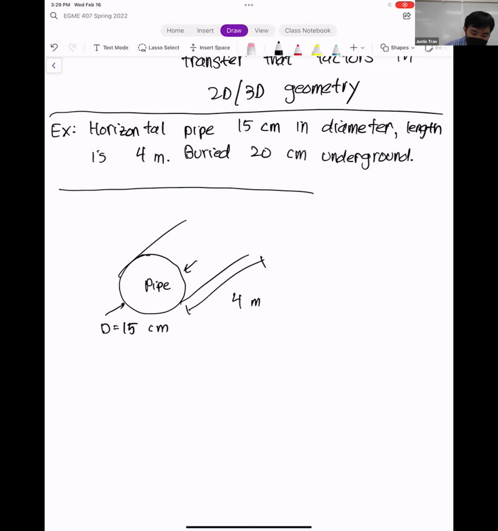The depth, from the surface of the earth down to the center of the pipe, is 20 centimeters. The other piece of information we know from the problem is that the surface of the pipe is held at a constant temperature of 75 degrees C. So T pipe is equal to 75 degrees C.